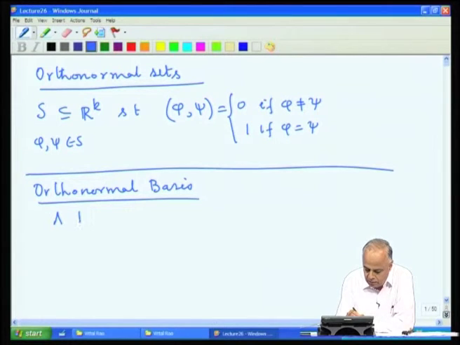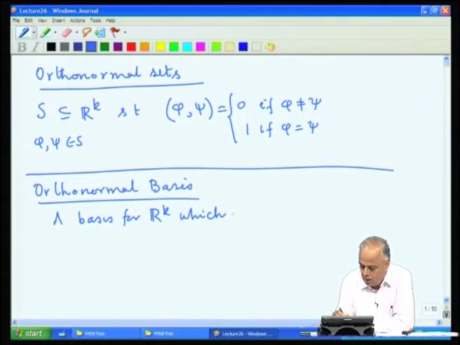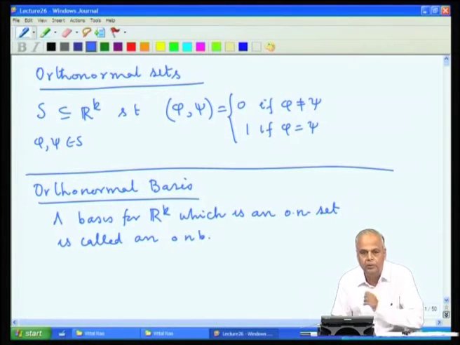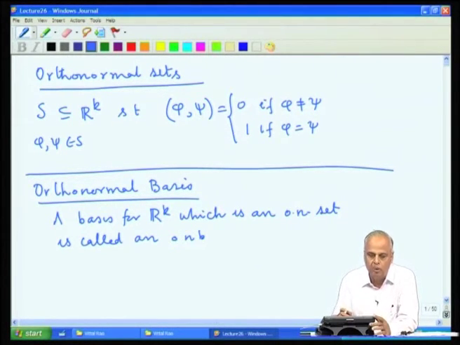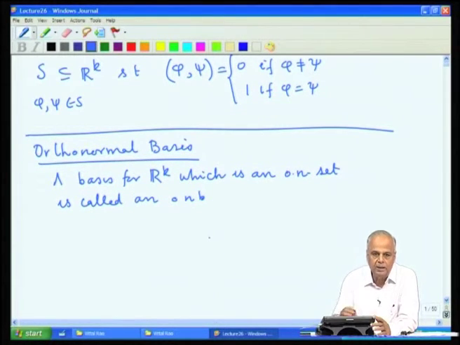So, a basis for R k which is an orthonormal set is called an orthonormal basis. So, this is a very important notion that we have introduced, and using this orthonormal basis we showed that any vector can be expanded in terms of the orthonormal basis.